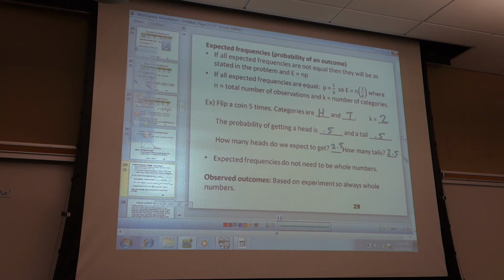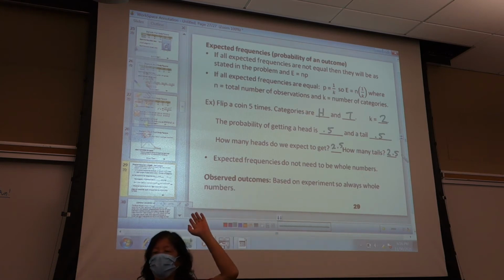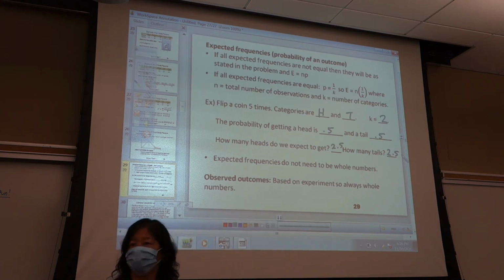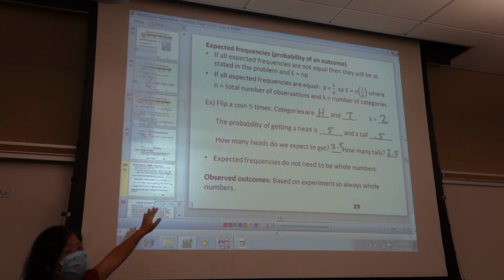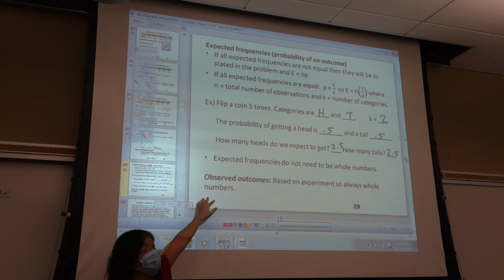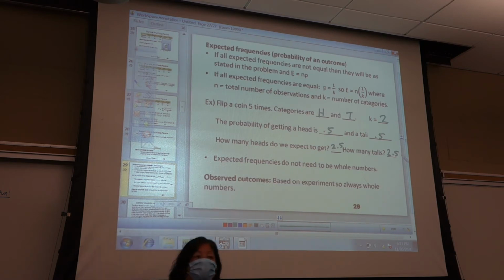The expected frequencies can be decimals. Who's ever heard that the average family has 2.4 children? You can expect to have 2.4 children, but you can never actually have 2.4 children. You're going to have a whole number of children. So what you observe will be a whole number, but you can expect a decimal. Good? Right.